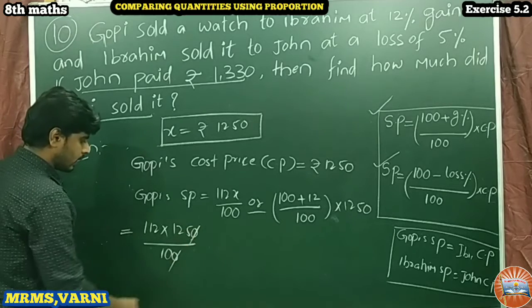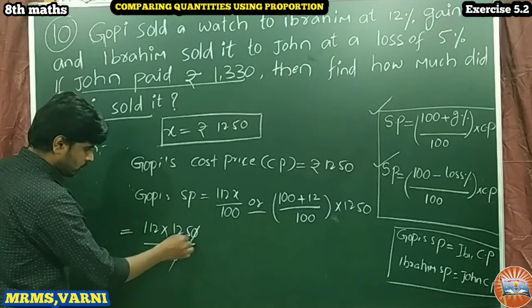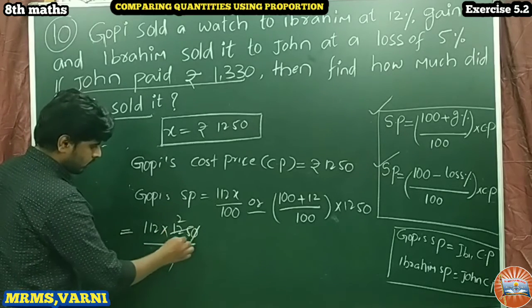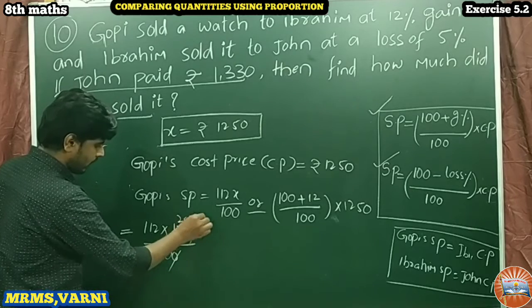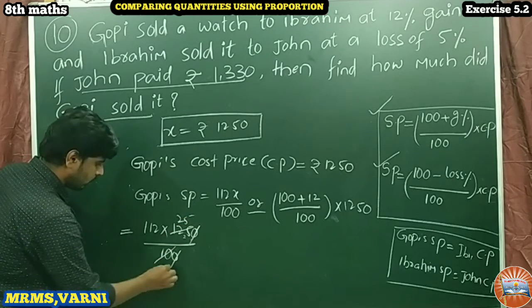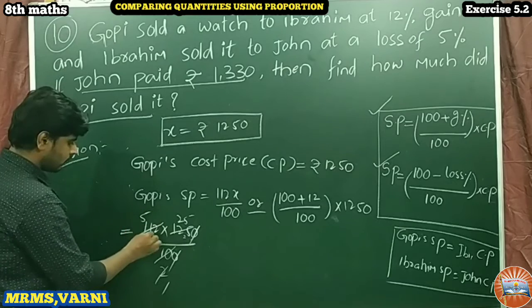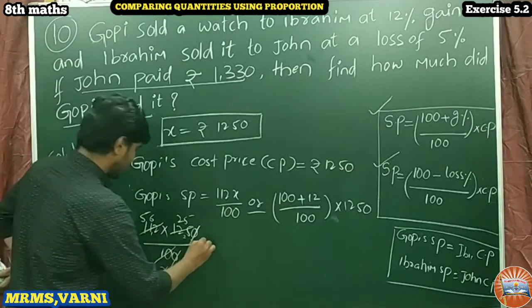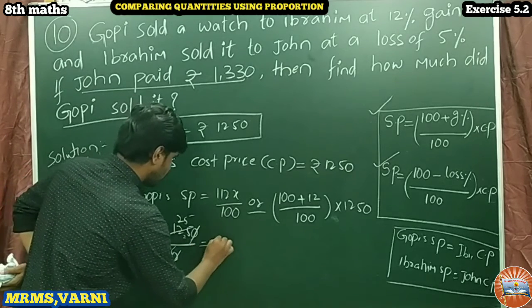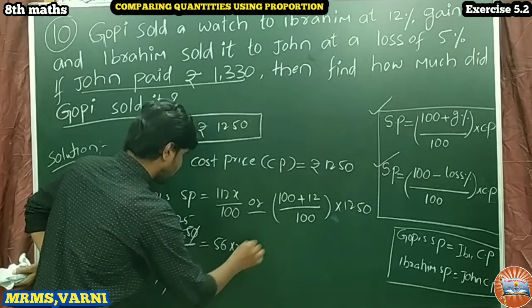So 0 0 gets cancelled. 5 2s are 10, 2 5s 10, 2 1s, 2 5s 6. What is that? 56 into 25.